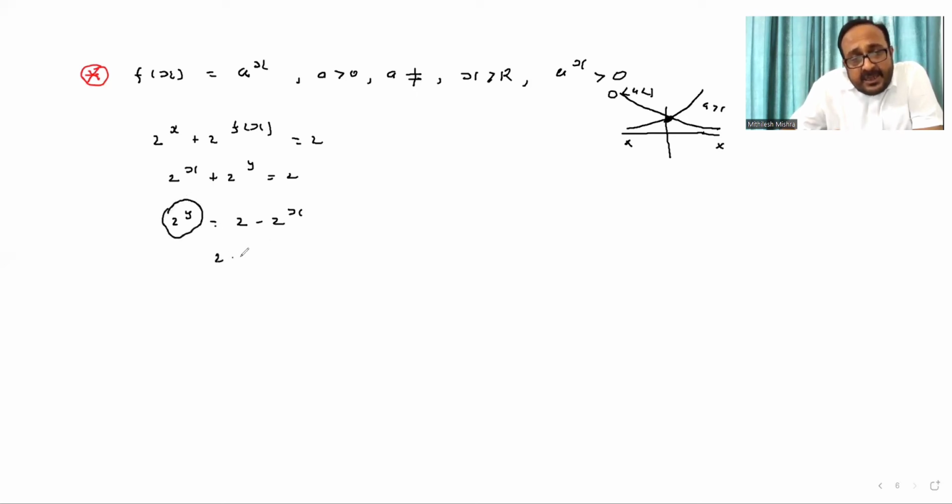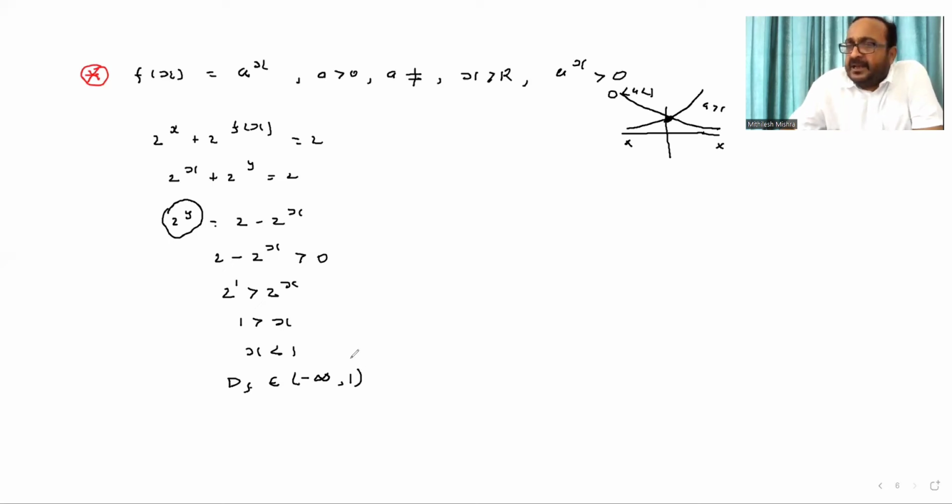That means 2 minus 2 to the power x will also be greater than 0. So 2 is greater than 2 to the power x. Write 2 as power 1: 1 is greater than x because of the same base. So x is less than 1. That means the domain belongs to between minus infinity and 1.